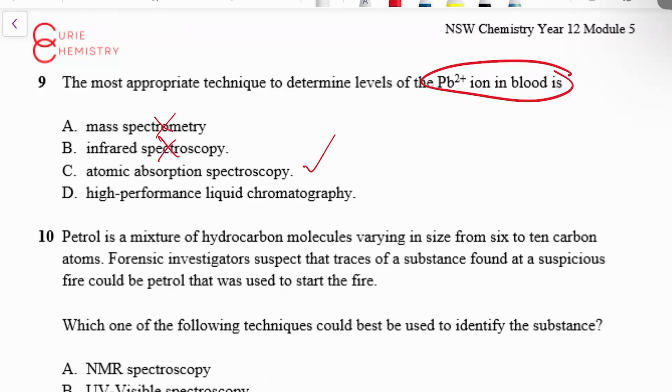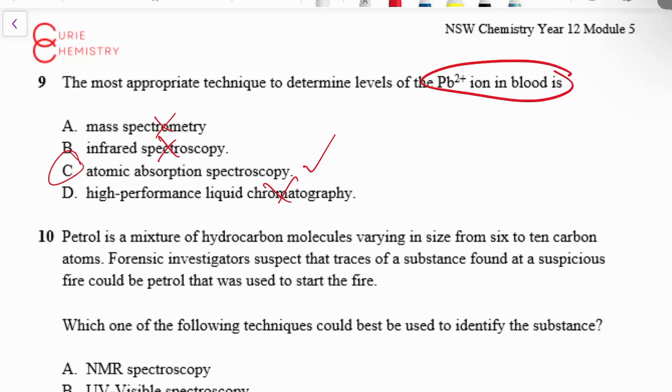Chromatography is used for separation of things that move at different speeds. Maybe red moves slower so it gets stuck behind, and the blue shoots ahead along the paper. That only works if there are different components in a sample. If you already know it only contains lead, you don't need chromatography for that. So your answer for this one is C.